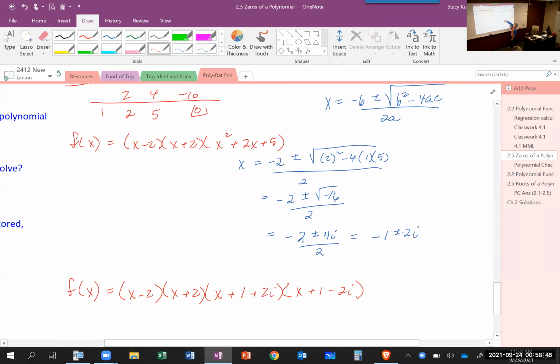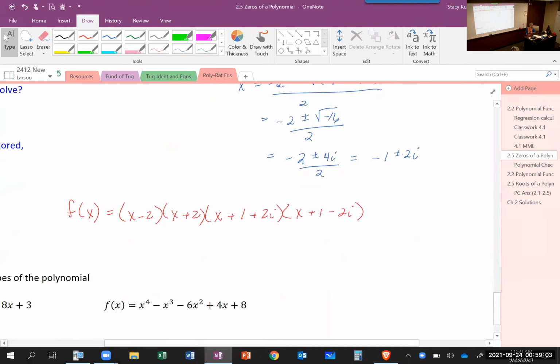Just pretend the i part isn't even there. If I were to rewrite that, it would be x plus 1, and then tack on plus 2i and minus 2i to the two more roots that you found.